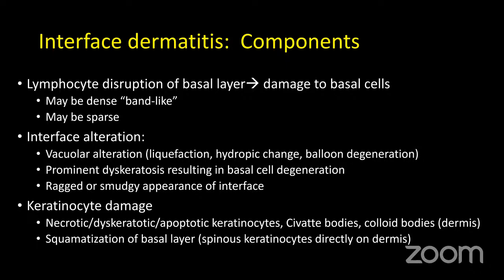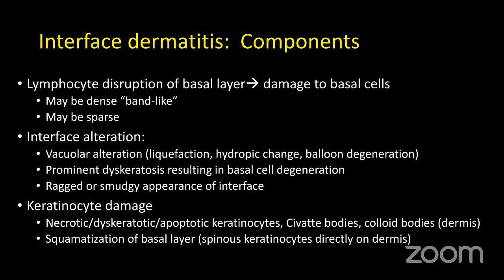So there are different components of an interface dermatitis. The lymphocytes disrupt the basal layer, and as I mentioned, they may be band-like or sparse. There's the interface alteration, which I mentioned. People refer to the vacuolar alteration as liquefaction, hydropic change, balloon degeneration.